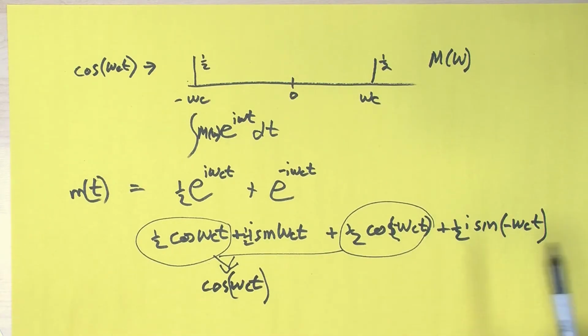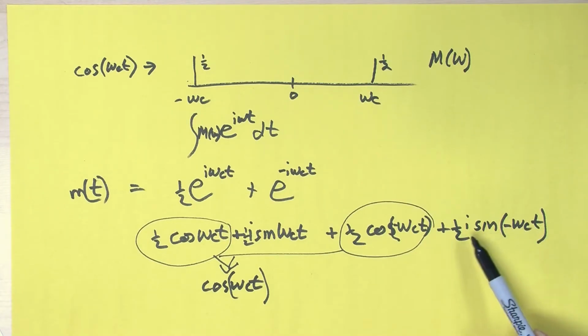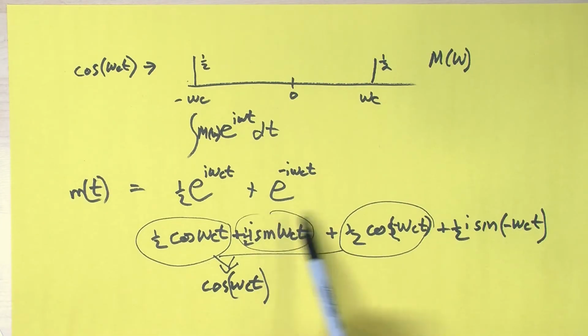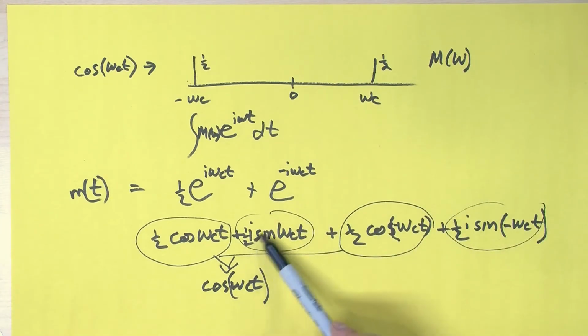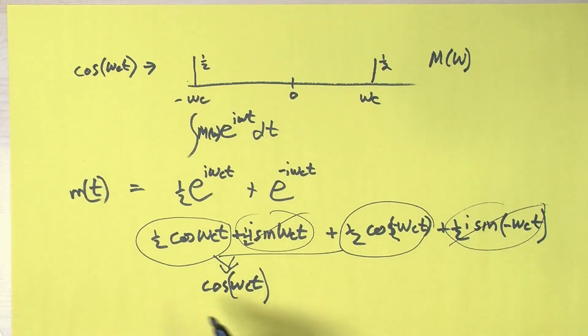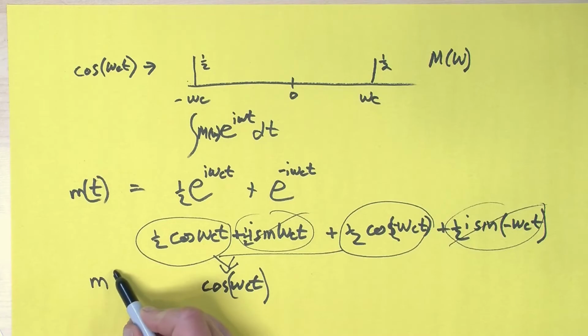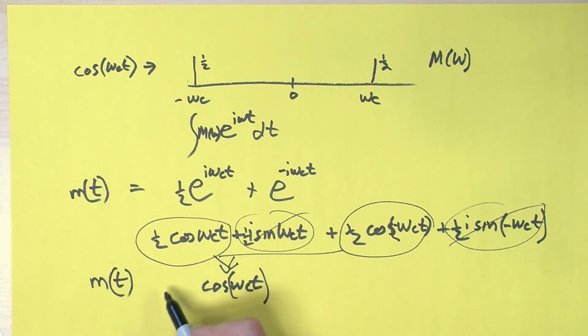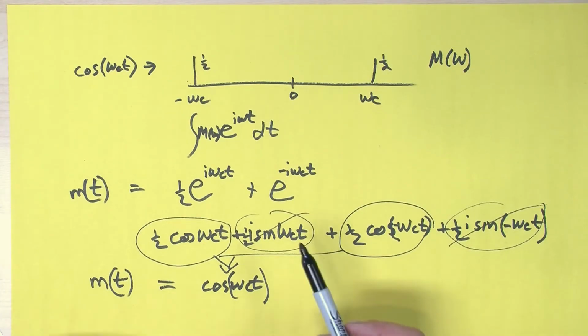And it also turns out that sine minus omega ct is, in fact, the equivalent to minus sine omega ct. So these two things here simply cancel out. And so in the end, as we would expect, we get m of t equals cos omega ct, which is what we started with. Well, why is that significant?